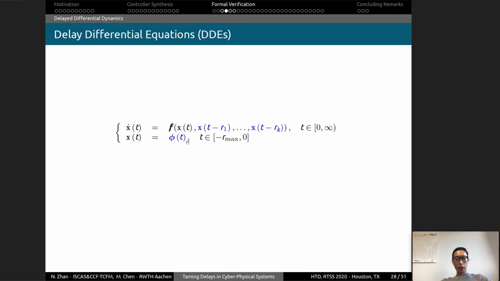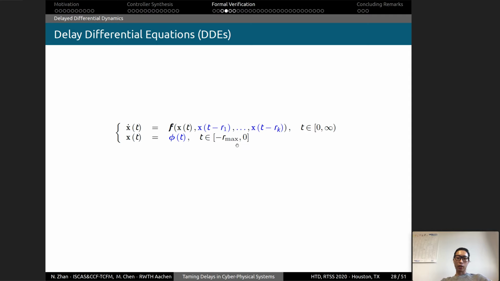Another difference is the initial condition. In an ODE, if we have an initial point, then we can propagate until we get the solution of the system. However, in delay differential equations, we have to provide an initial function defined on the interval from minus r max up to 0.